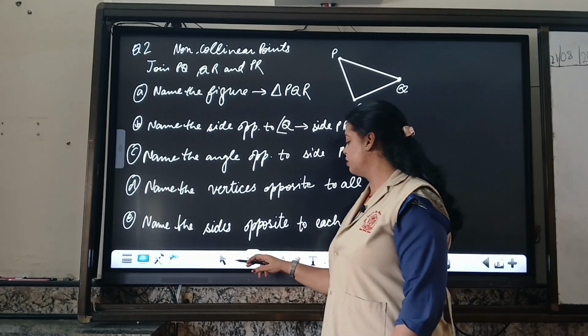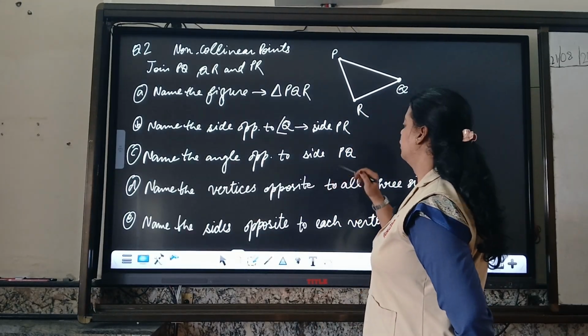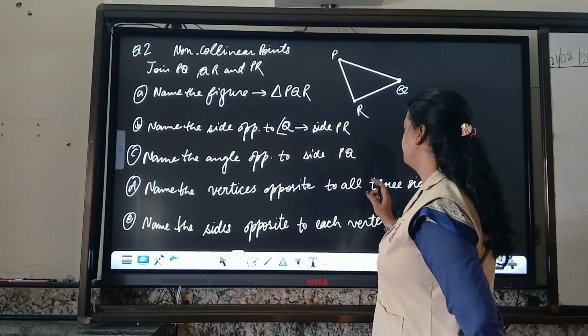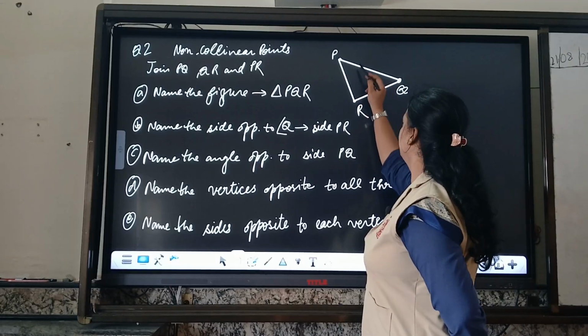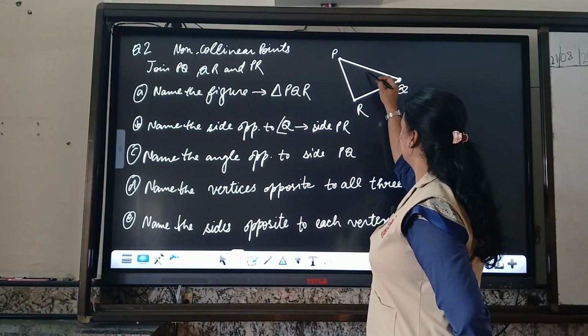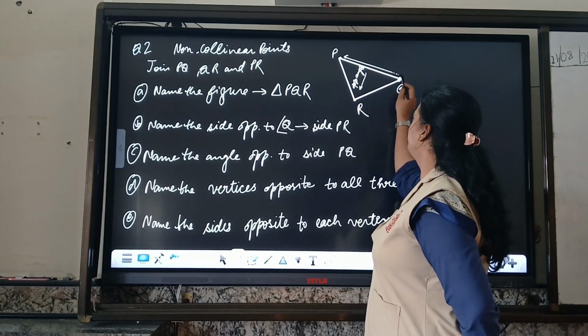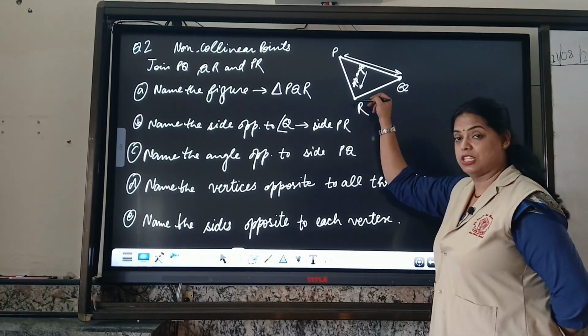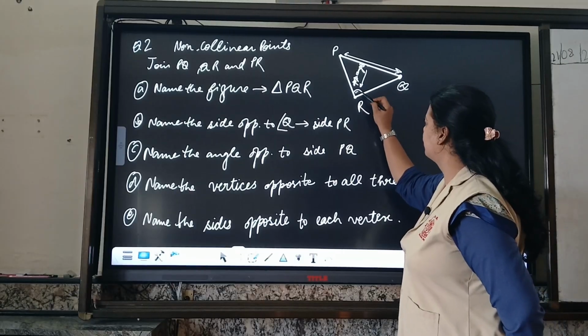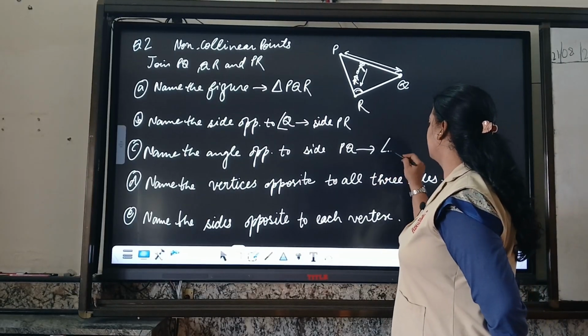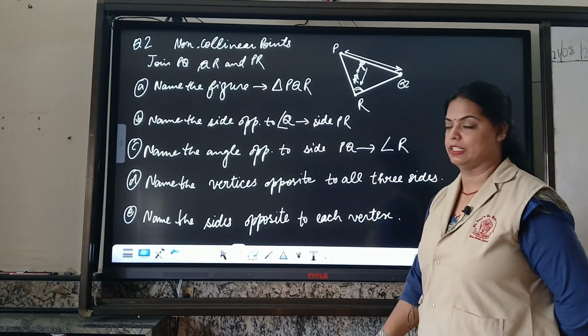Where is side PQ? The angle which is just opposite to it is angle R. We will write it is angle R.